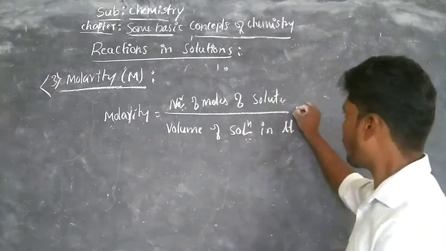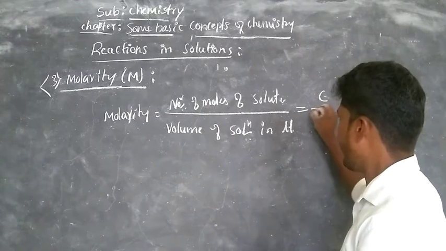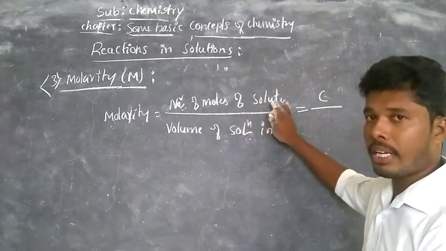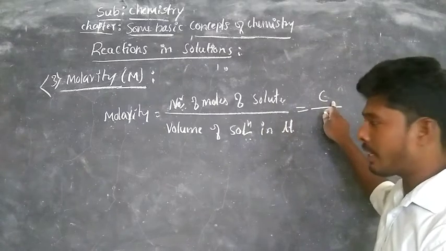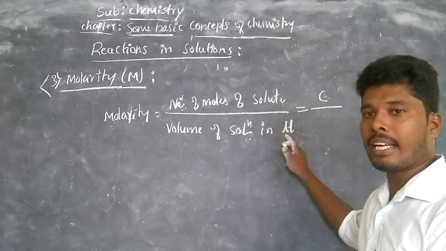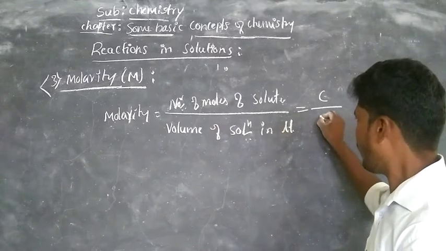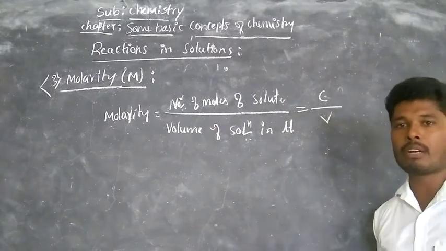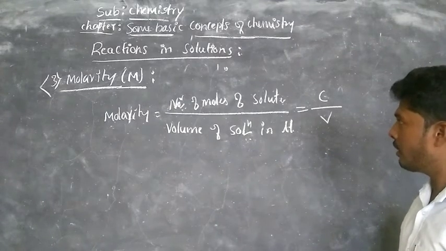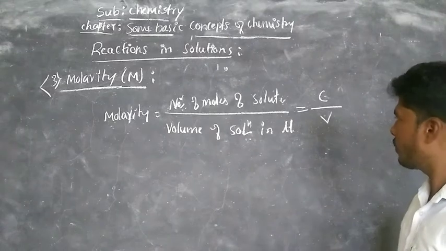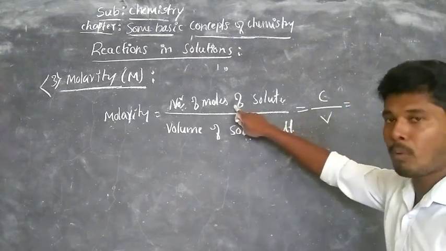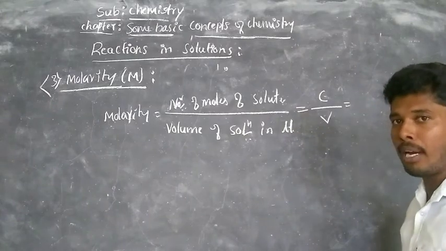The number of moles of solute is indicated by N, and the volume of the solution in liters is indicated by V. Now observe, the number of moles N is weight divided by molecular weight.